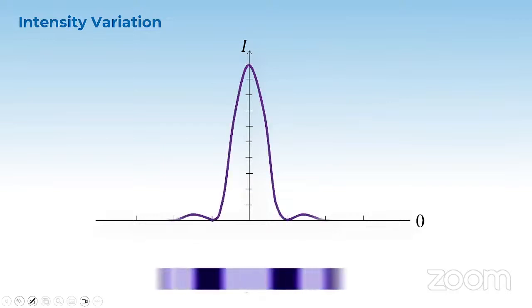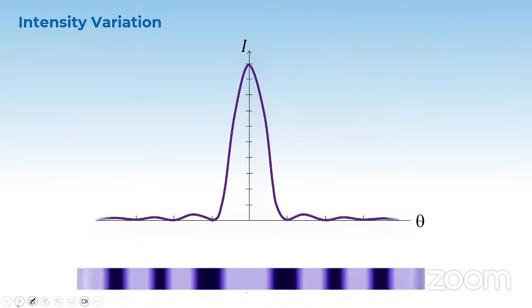This kind of variation you are having. These smaller peaks that you are seeing are the secondary maxima. Got it? So please remember this graph is for the intensity variation of diffraction for a single slit.